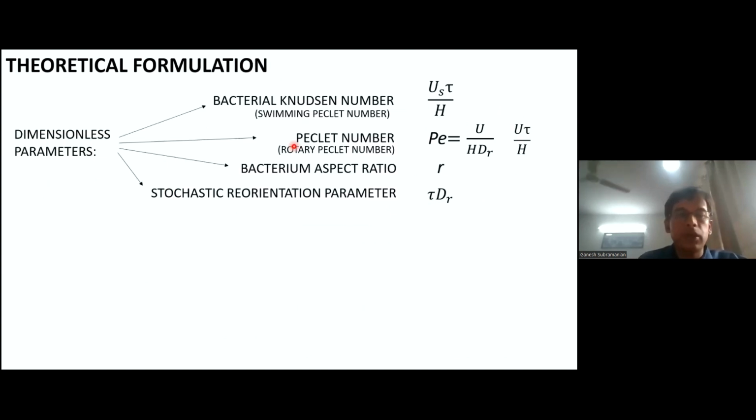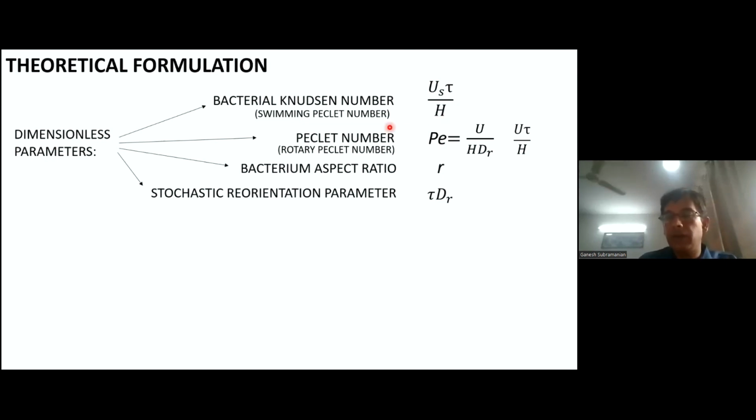So if you just break the problem out into the number of dimensionless parameters, then you have what one might term the bacterial Knudsen number. It's called the Knudsen number because it's the ratio of a microscopic scale, the elementary swim mean free path, to the macroscopic geometry, which is the channel thickness.